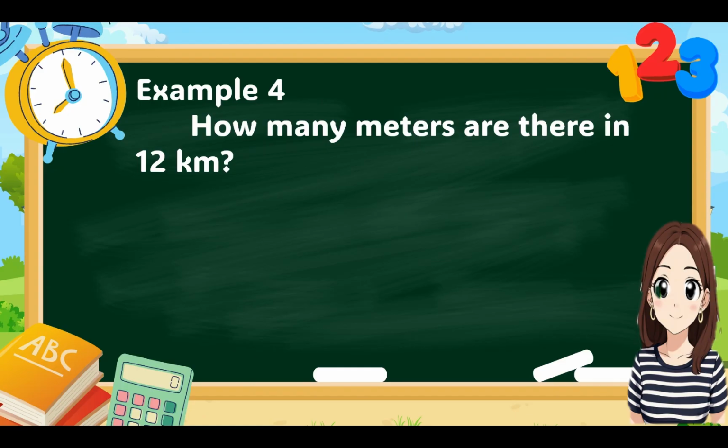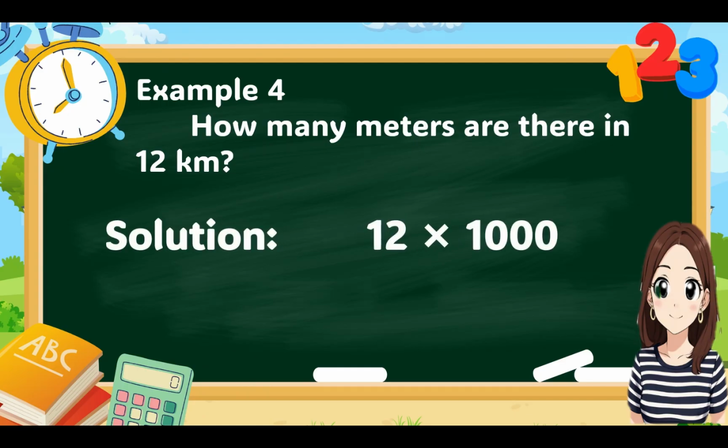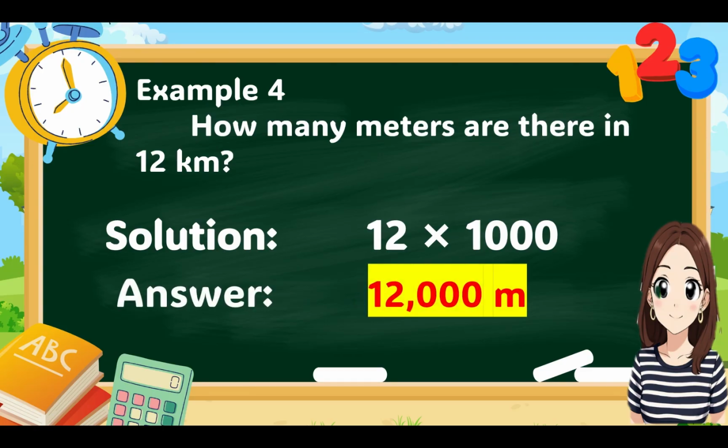Example number 4, how many meters are there in 12 kilometers? So that's kilometer to meter. So 12 kilometers times 1,000, we have 12,000 meters. Since 1 kilometer is equal to 1,000 meters, therefore 12 kilometers is equal to 12,000 meters.